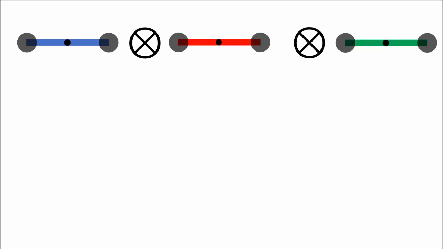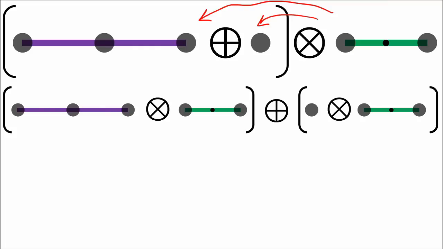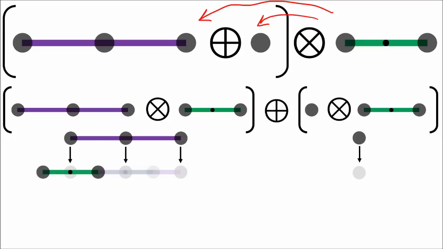We can continue this pattern for the tensor product of 3 2D irreps. We know the first 2 weight diagrams in the product result in a sum of a 3D irrep and a 1D irrep. Now we can distribute the product over the sum as if this were an algebra equation. To calculate these products, we can again use the trick of taking the first diagram in the product and placing a copy of the second diagram in the product over each node.